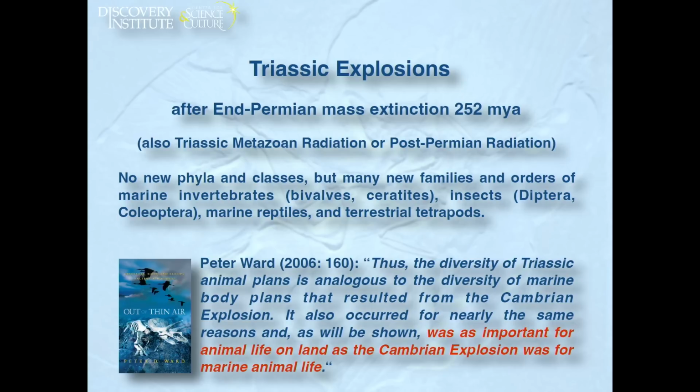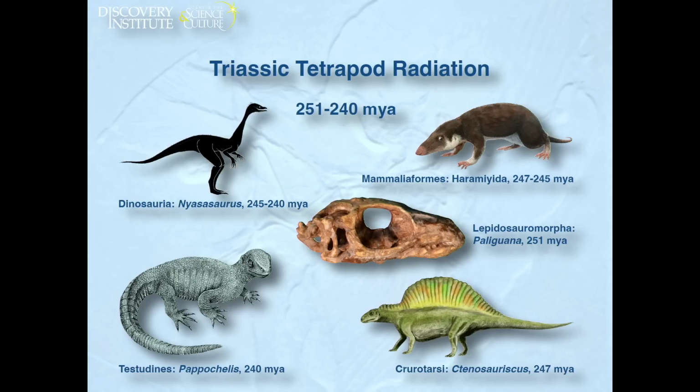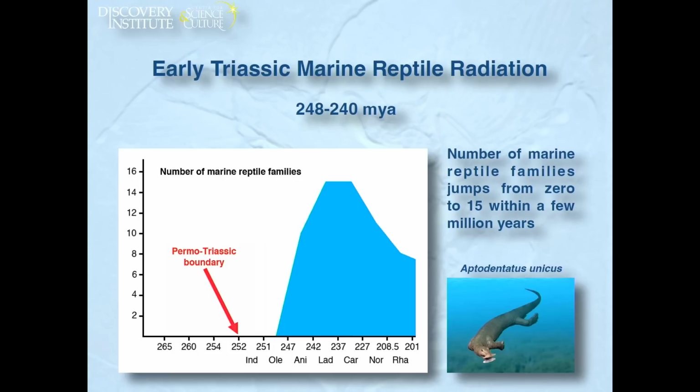See a pattern there. Also, if you look at tetrapods, all the first representatives of the lineages that belong to mammals, to the lizard relationship, to the crocodile lineage, to the turtle lineage, to the dinosaur lineage, all appear suddenly in the Triassic. If we look at marine reptiles, and most of those groups are extinct, we find a transition from no marine reptiles to 15 different families of marine reptiles within a few million years in the Triassic.